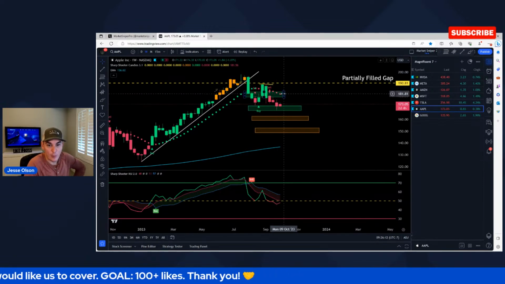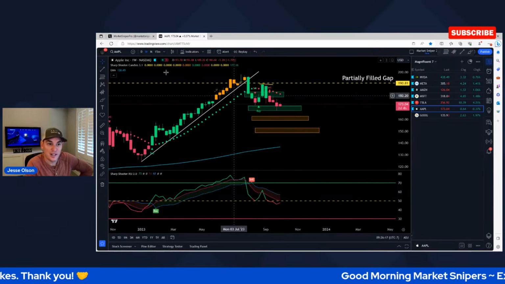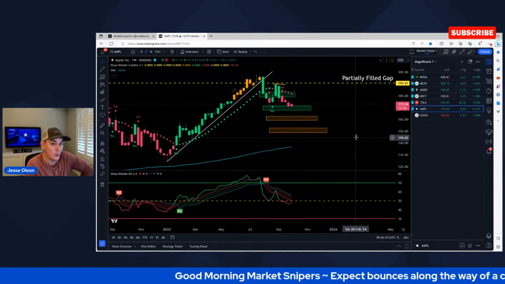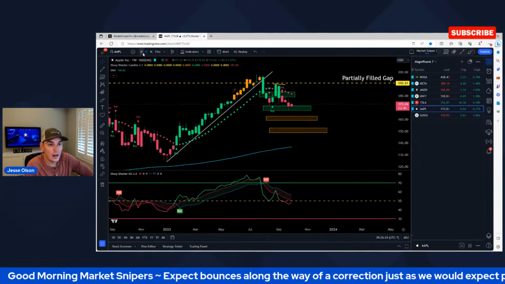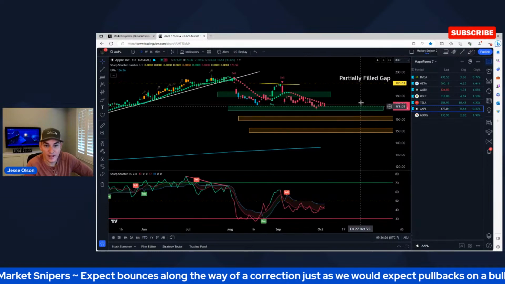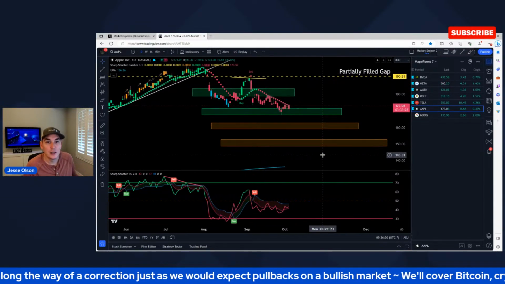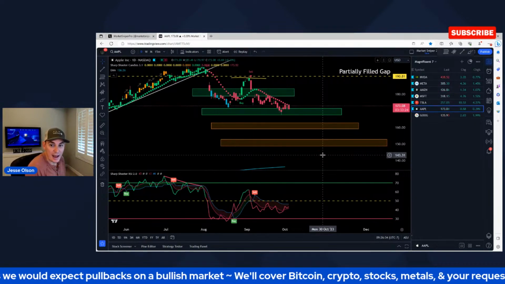It's just waiting for the trending dots to catch up, the moving averages to catch up. And that doesn't mean there's not a bounce along the way that could take a few days, a week, whatever it is. But the daily chart is bearish, the weekly chart is bearish, the RSI EMA is trending downward.